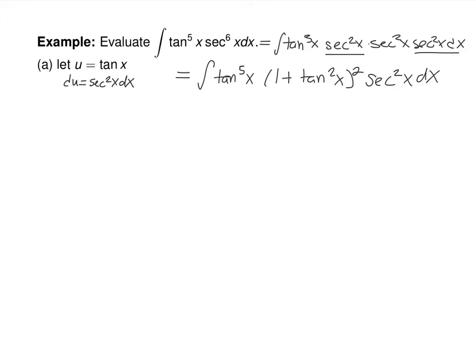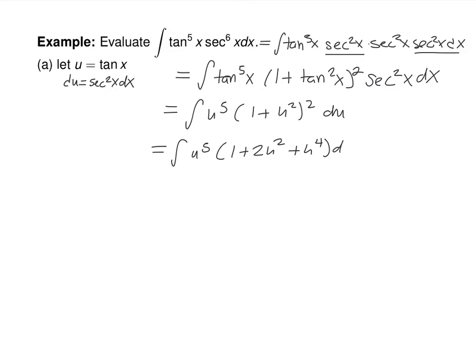Now when you make your substitution, you have the integral of u to the fifth times 1 plus u squared, the quantity squared, times du. Now it's pretty easy peasy. We have the integral of u to the fifth times 1 plus 2u squared plus u to the fourth. Distributing that u to the fifth, we have the integral of u to the fifth plus 2u to the seventh plus u to the ninth du.